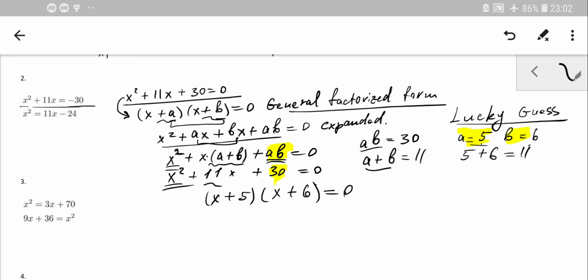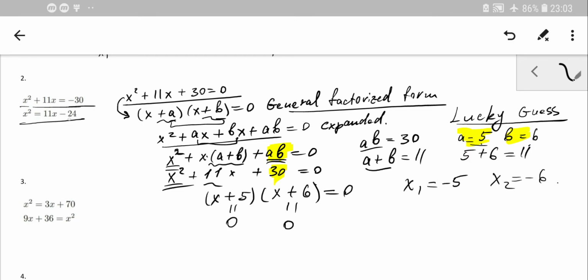Maybe pause the video and try to analyze what I've done here. I've just applied the general factorized form and made a comparison. I didn't use the quadratic formula, but in the second one, I'll show you how to use it. So how to get the solution? By the null factor theorem we equate each factor to 0, and we get the first solution is -5, and the second solution is -6.